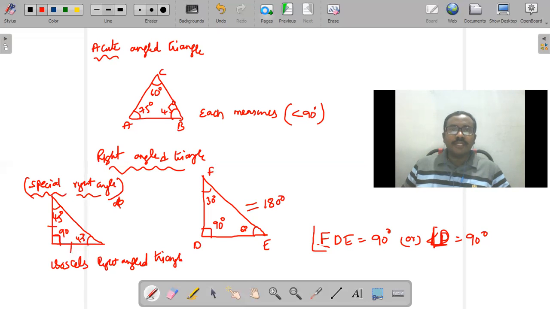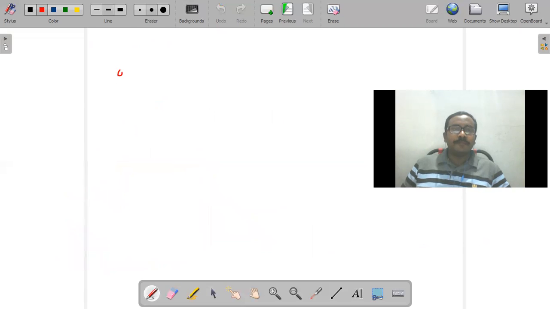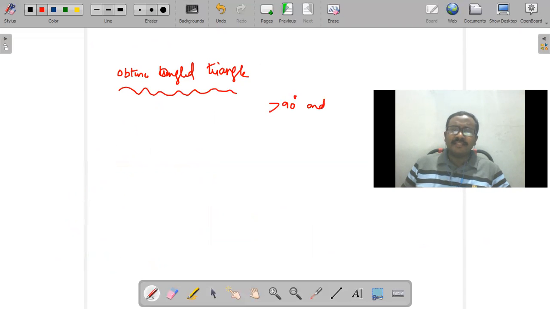Now we will discuss the obtuse angle triangle. So what is an obtuse angle triangle? What is the meaning of obtuse? It should be greater than 90 and less than 180 degrees. For example, I'm taking one straight line. Let's suppose AB is a vertex.